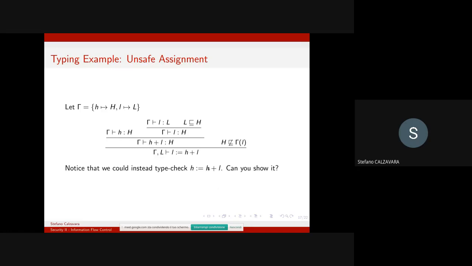You just build the very same type derivation, with the difference that eventually this check will succeed, because you will compare H against gamma of H, which is again H. The type derivation goes through, because the check which fails here would rather work. Clear?